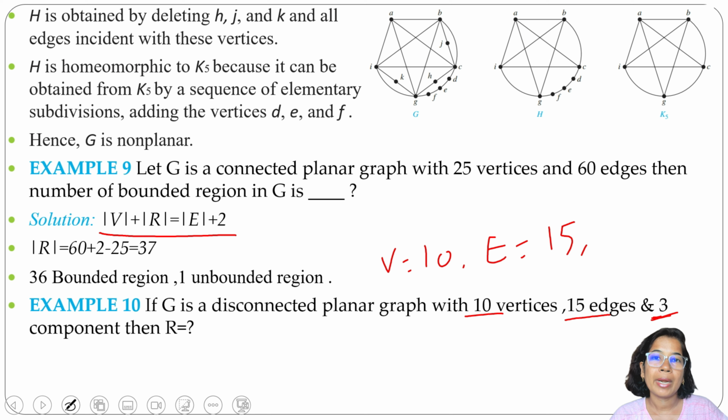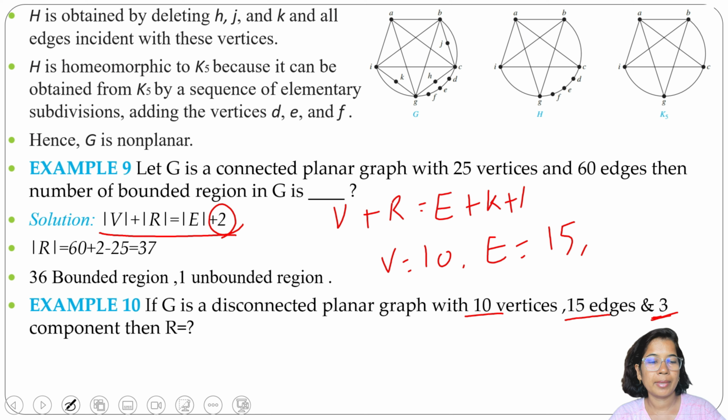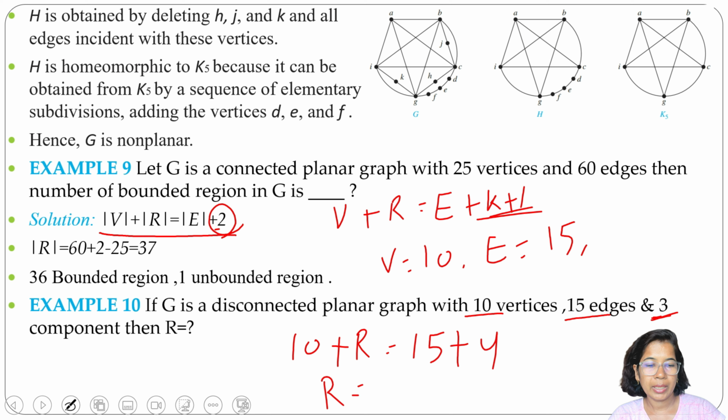If there are multiple connected components, then it will be number of connected components plus 1 in place of 2. So you can write B plus R equals E plus connected components plus 1. If one connected component, it is 1 plus 1, 2. If there are multiple connected components, it will be K plus 1. So here what is B? B equals 10. R we will find, number of edges equals 15. 15 plus 3 plus 1, 19. So R will be 9.